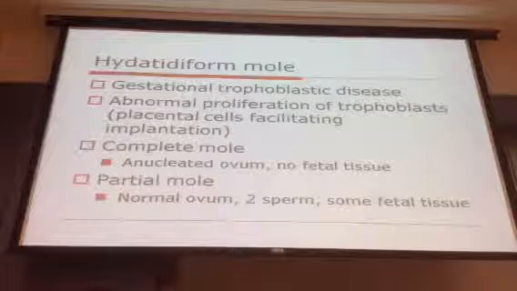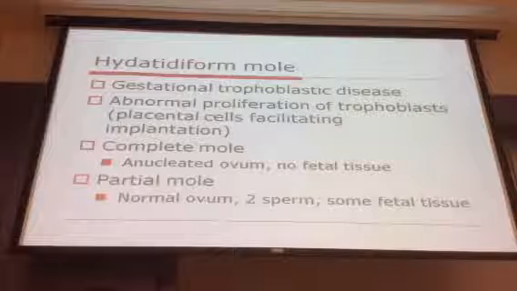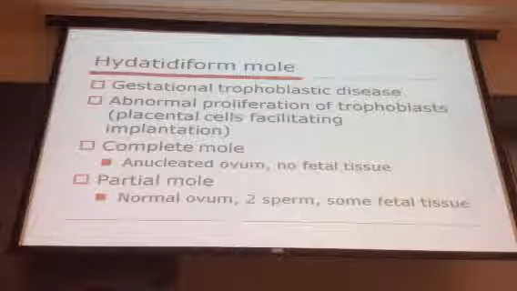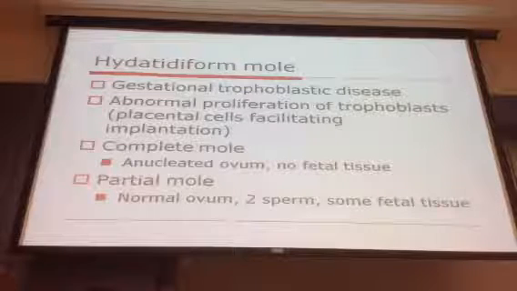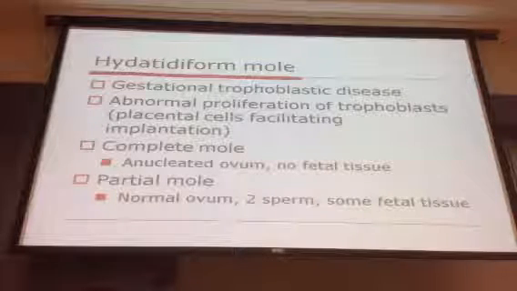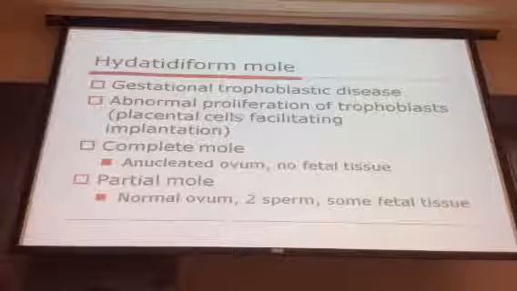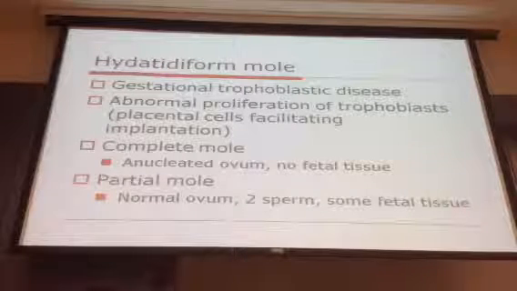But the way that a molar pregnancy comes about, the two most common ways would be what we call a complete mole and a partial mole. And a complete mole is a situation where there has been fertilization of an egg that doesn't have any DNA or nucleus in it. Okay, so it's an egg without a nucleus.